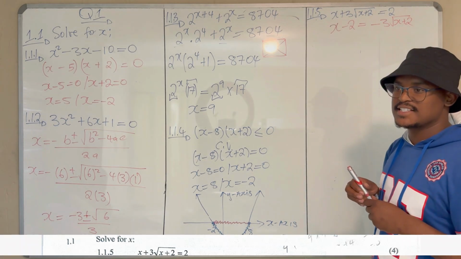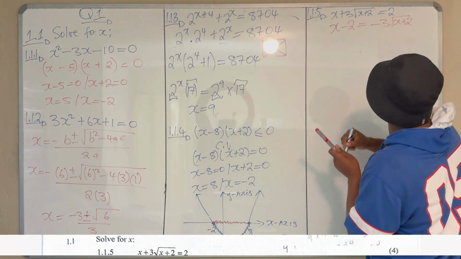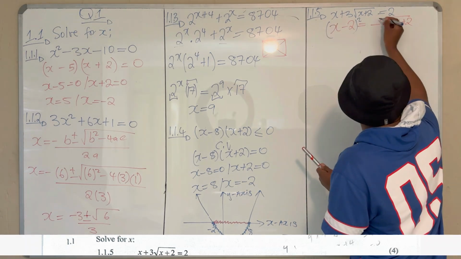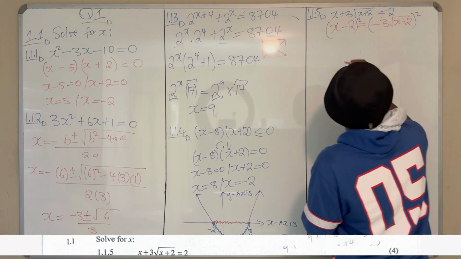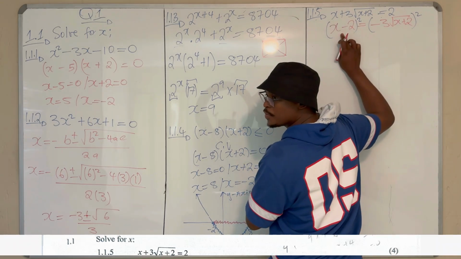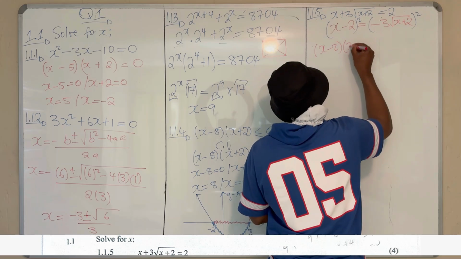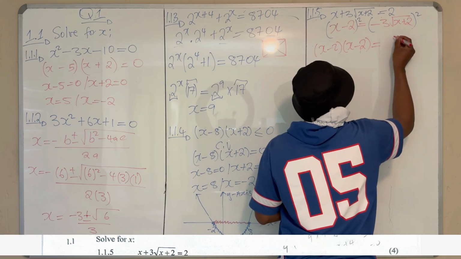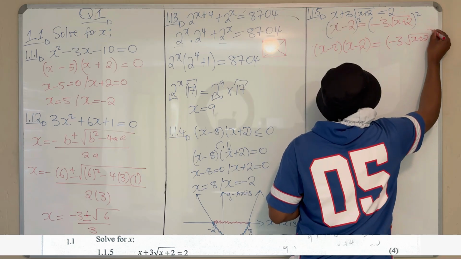Yes. In that case, after isolating the root, you square both sides. So you will square this side and square that side. We multiply these two brackets out. So you have x minus 2 times x minus 2, because there's 2 of these brackets, equaling negative 3 root x plus 2 all squared.